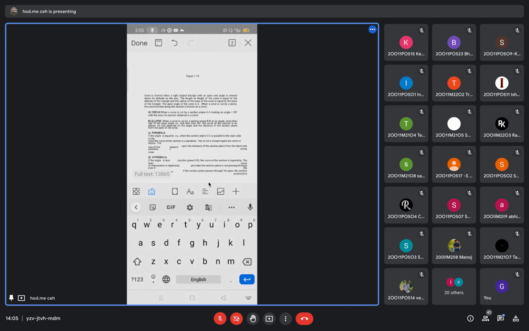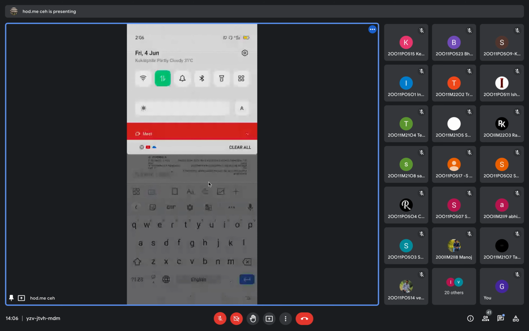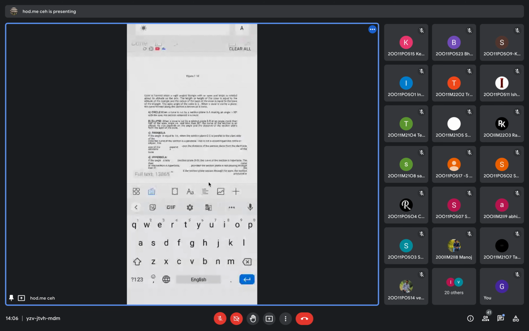Okay, for example, the cone is cut at a different angle. The profile of the cut section can be seen as a curve, the curve of the circle.